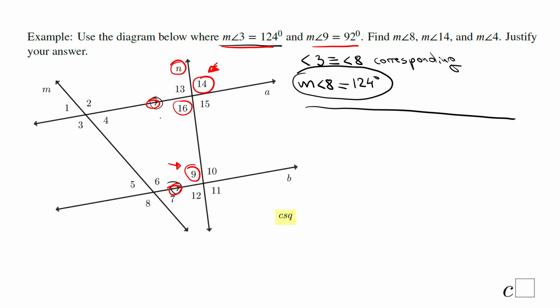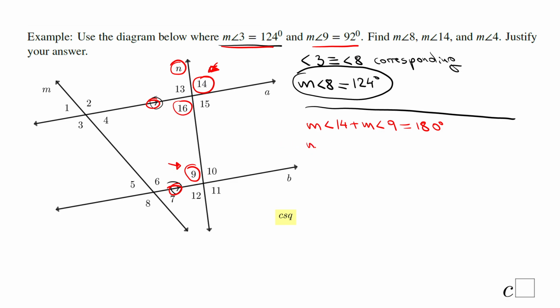Another way to see it, angle 14 and angle 16 are congruent vertical angles, and 16 and 9 are consecutive interior angles or same side interior angles. So they are supplementary. But I'm going to go short here. I'm going to say the measure of angle 14 plus the measure of angle 9 equals 180. These two angles are not congruent, they are supplementary. This is the second property.